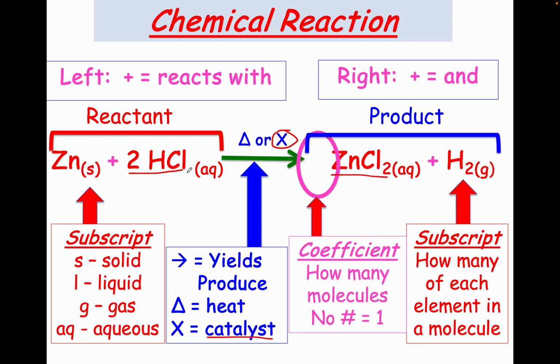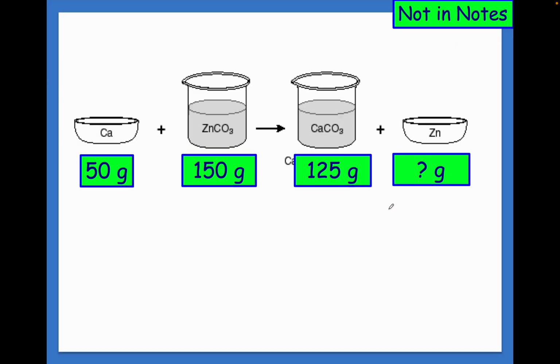All right, I want you to pause for a second and tell me the sum of the coefficients in this chemical reaction. All right, did you say 5? Because that is correct. The coefficients here are 1 plus 2 plus 1 plus 1, which is 5. Very good. So now the law of conservation of mass does say that the mass of the reactants must equal the mass of the products.